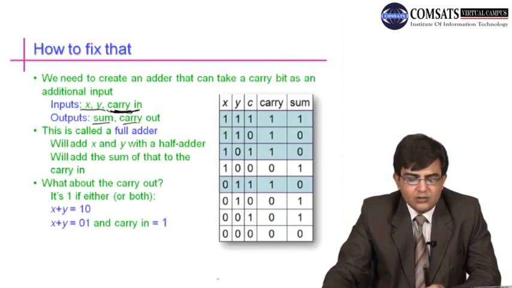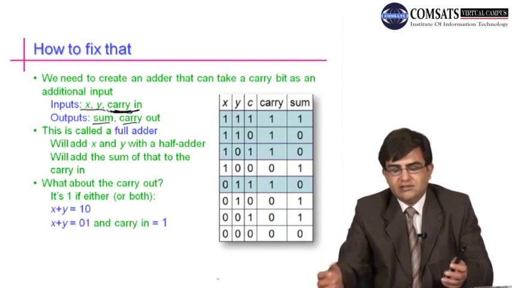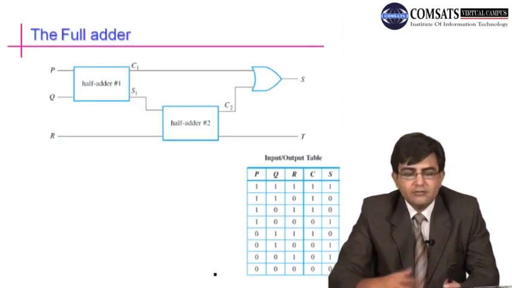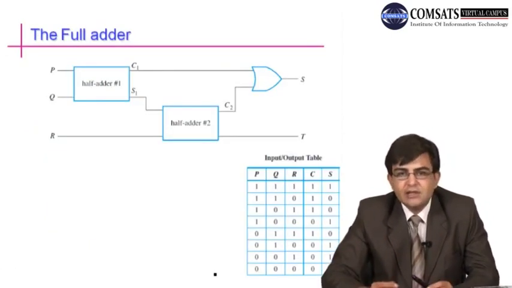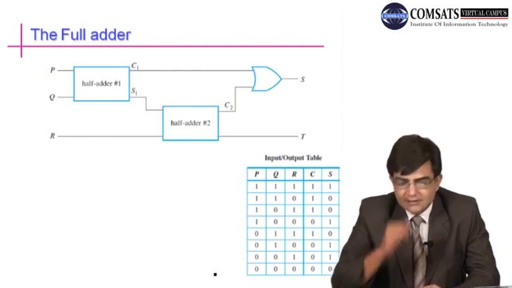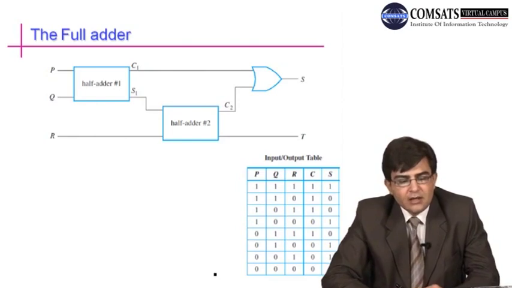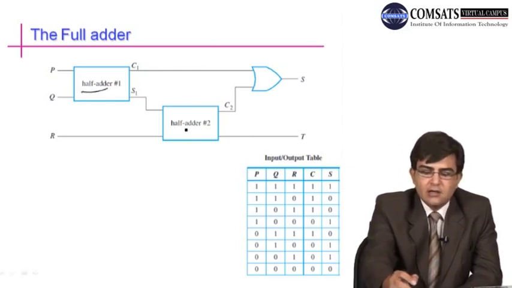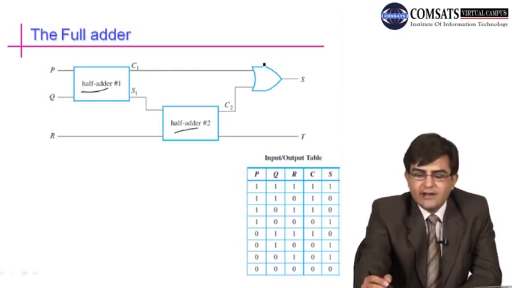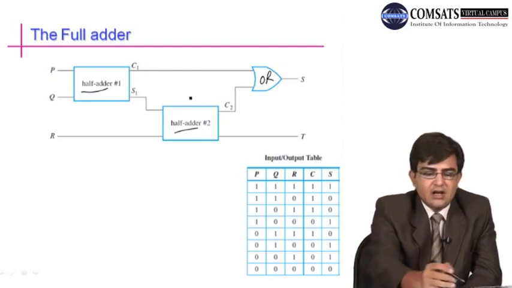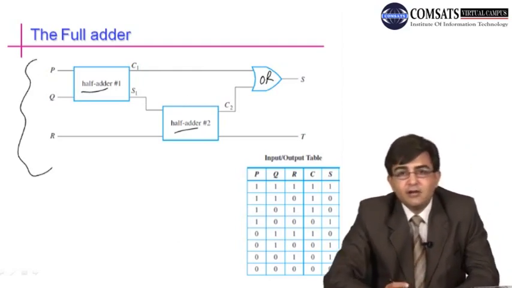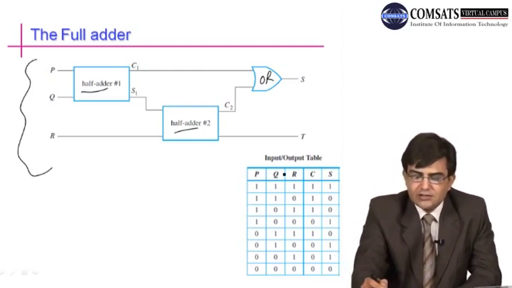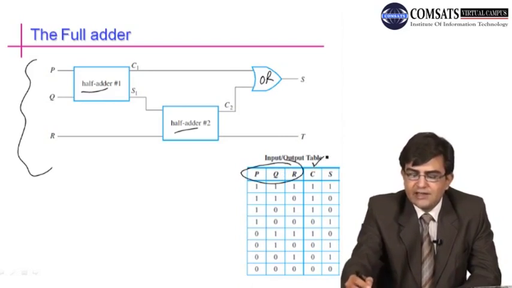Suppose we have 3 digits P, Q, R. Such numbers are added by using half adder circuits. We use 2 half adder circuits and 1 OR gate to construct a circuit which is called a full adder circuit. The inputs are P, Q, R and the outputs are carry and sum.